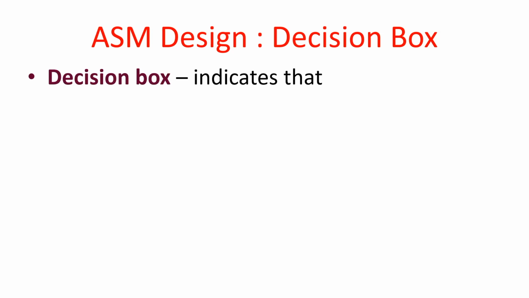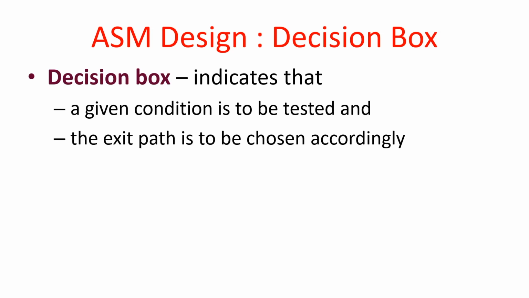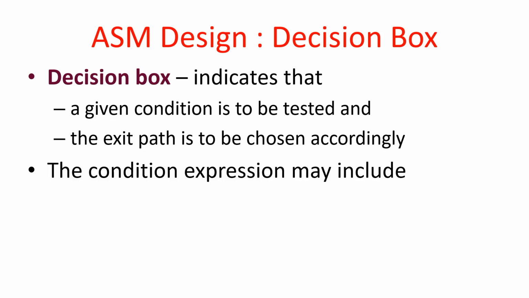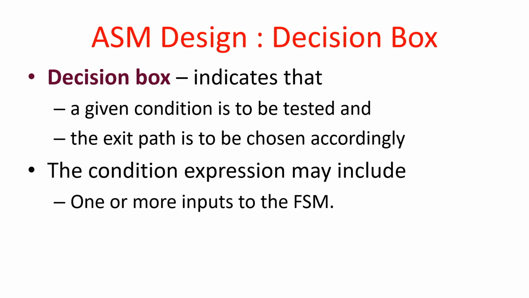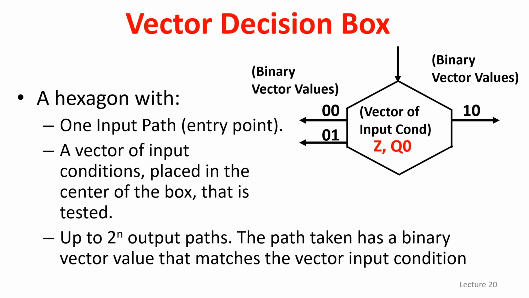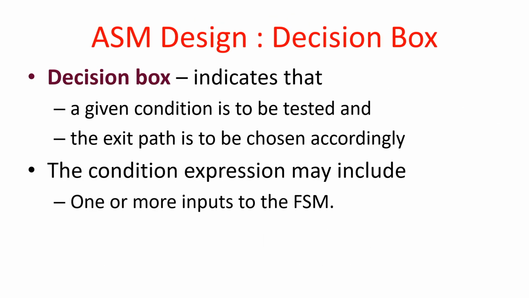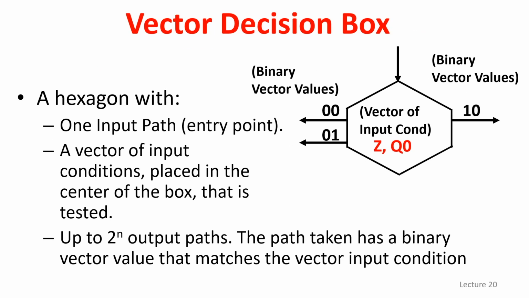Decision boxes indicate that a given condition is to be tested and the exit path chosen accordingly, similar to flow charts. The condition expressions may include one or more inputs to the FSM, and decision boxes can be vector decision boxes. Instead of 1 bit you can go for a 2 bit or 3 bit vector of input conditions.